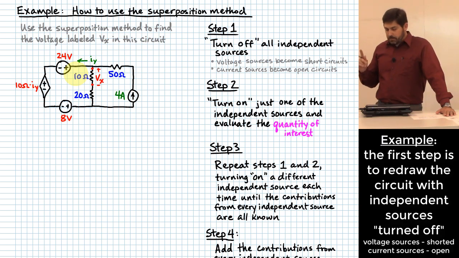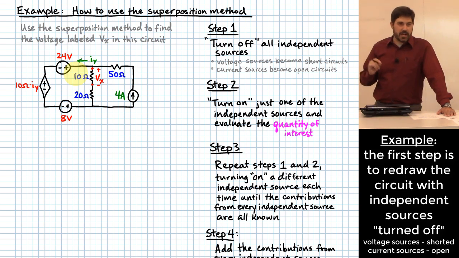Okay? Step one is we want to turn off all independent sources. Independent sources represent sort of inputs into a system. So what we do first is think about turning off all of those independent sources. Turning off a voltage source means 0 voltage across the terminals of the voltage source.